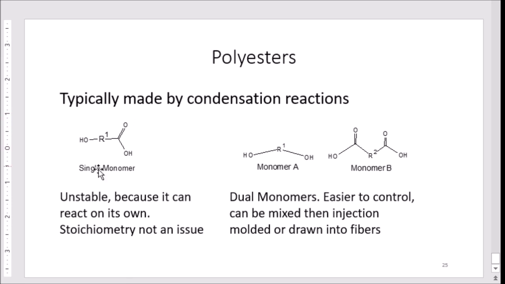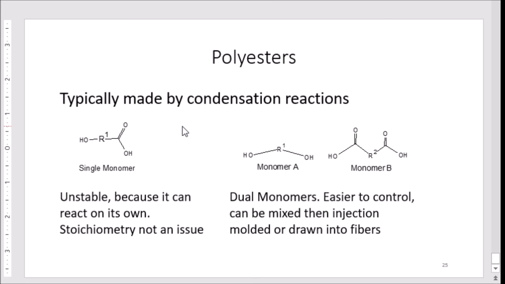You can solve that by using a compound that's got an alcohol on one end and a carboxylic acid on the other. The problem becomes trying to keep it from reacting with itself, so you have to keep those very cold, and you might not be able to keep them around very long.